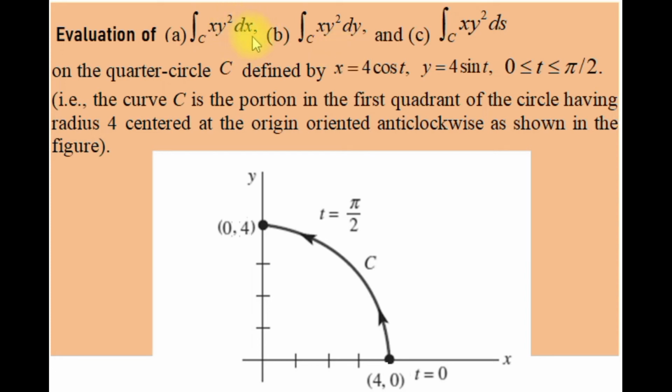Here dx is obtained from the parametric equation x = 4 cos t, and it will be dx = 4 times the derivative of cos t dt, that is −4 sin t dt. Similarly, dy is obtained from the equation y = 4 sin t, and it will be dy = 4 cos t dt. Now we proceed as follows.